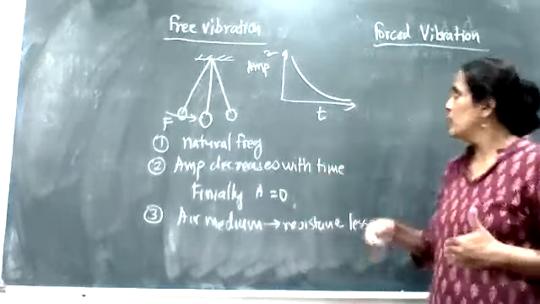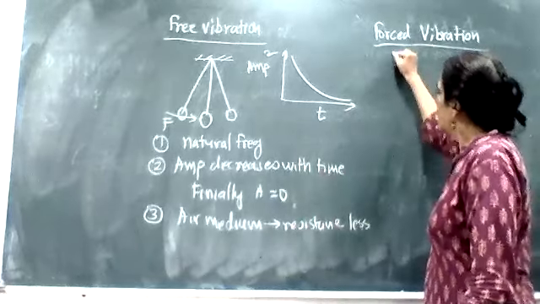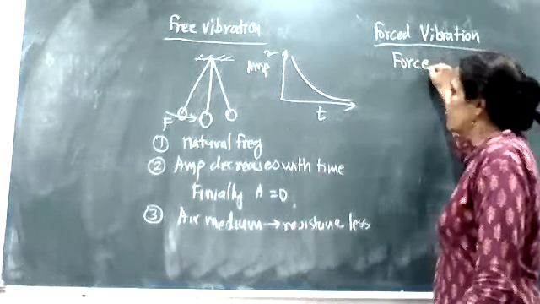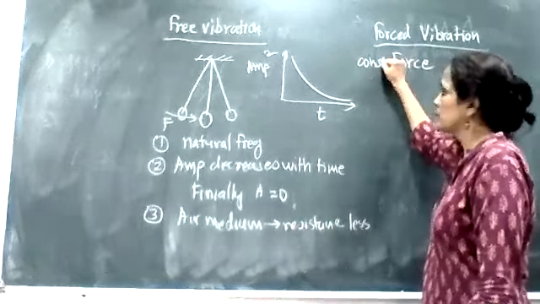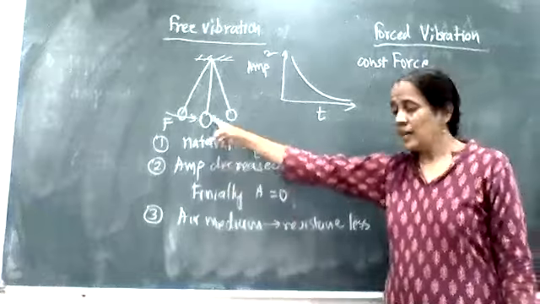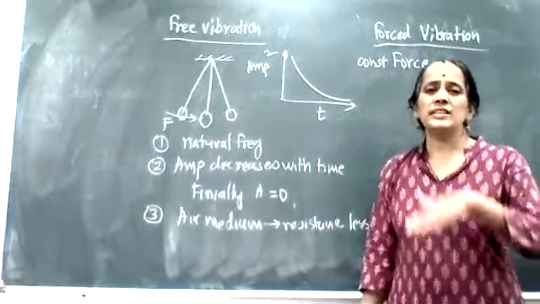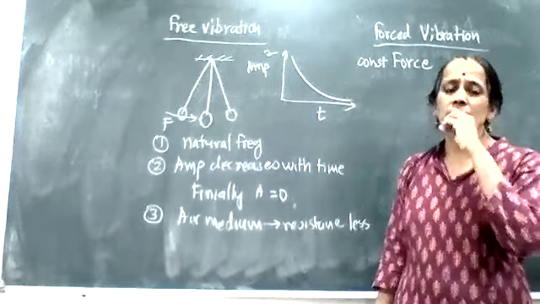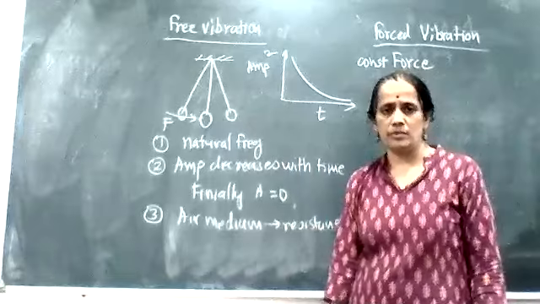Means what? For forced vibration, there is a need of continuous force, some constant force. In free vibration also we require a force, but there is no requirement of continuous force. I just apply the force and leave the pendulum.